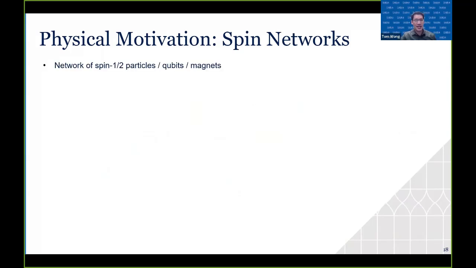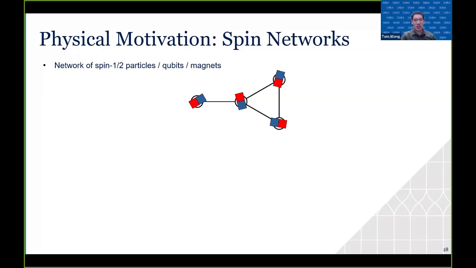And so we're going to look at a network of spin 1/2 particles in physics speak, or you can think of it as a network of qubits. Or another way to think of it is that since quantum spins act as little magnets, you can just imagine that you have a bunch of magnets on this graph.